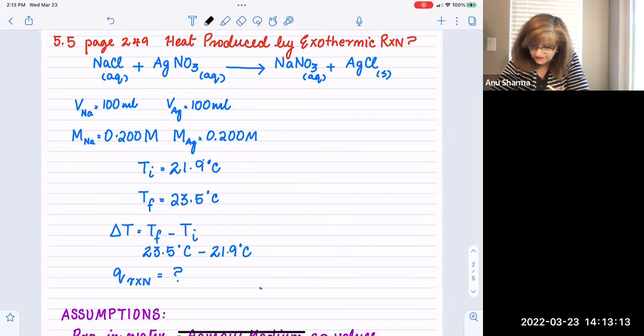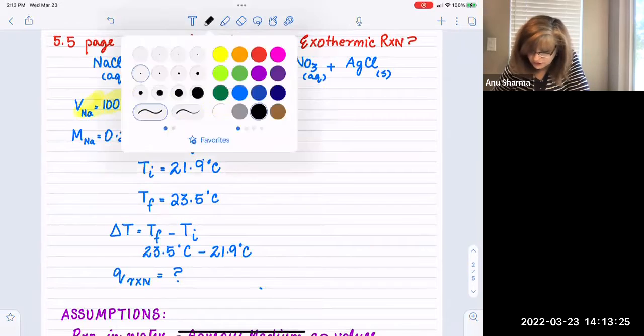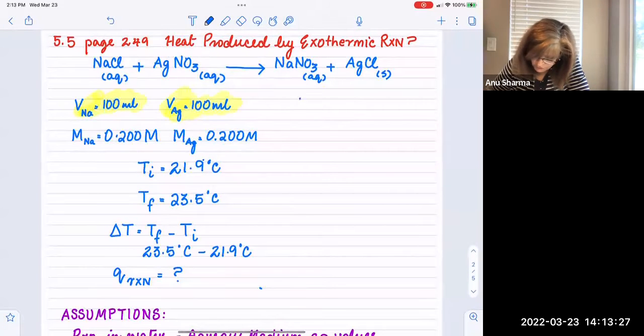Now here we are given the volume. So write down the volume of sodium chloride solution, 100 ml, and the volume of silver nitrate, also 100 ml. Keep in mind that when these two are mixed, the total volume of the reaction is equal to the volume coming from the sodium chloride solution plus the volume coming from the silver nitrate solution.